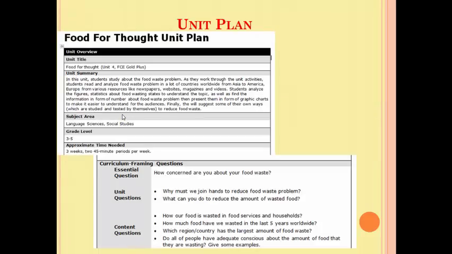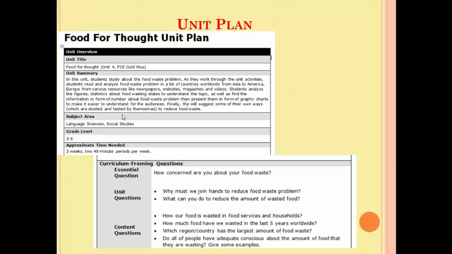First is my unit plan. My student level is about grades 3 to 5. In this unit, my students will study the food waste problem. They work through the unit activities. The students will read and analyze the food waste problem in many countries worldwide from many sources.